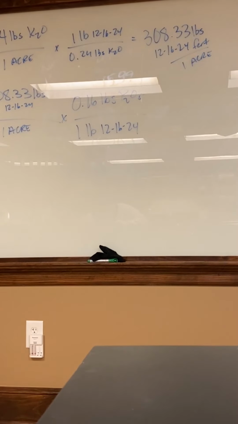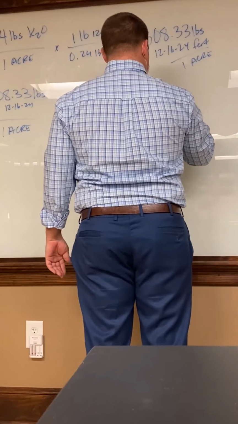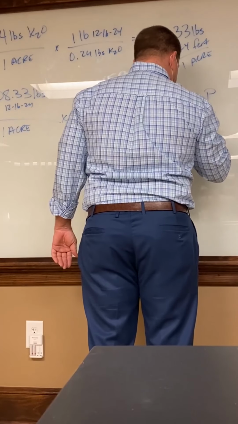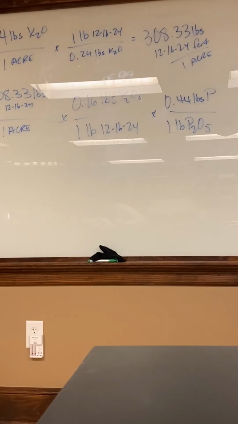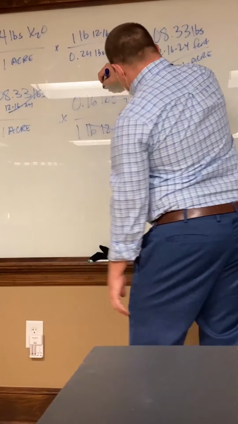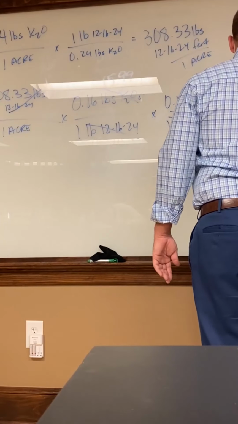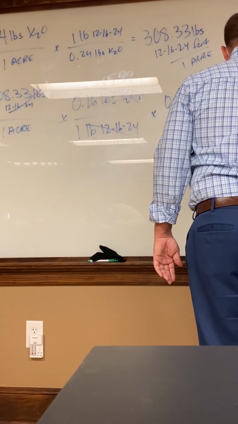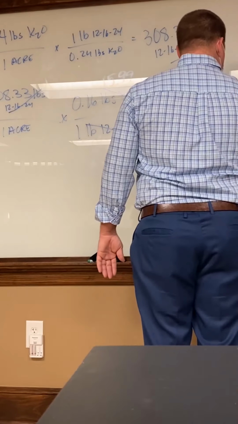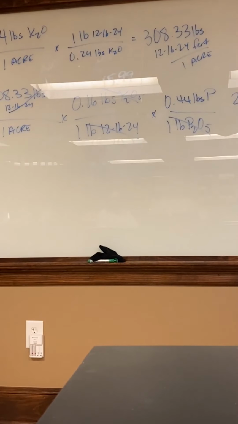All right, and of that, 0.44 pounds of P in 1 pound P2O5. So the beauty is that pounds P2O5 cancels, and we are left with pounds of P per acre. When you do the math out, it comes out to 21.76 pounds of elemental P per acre.